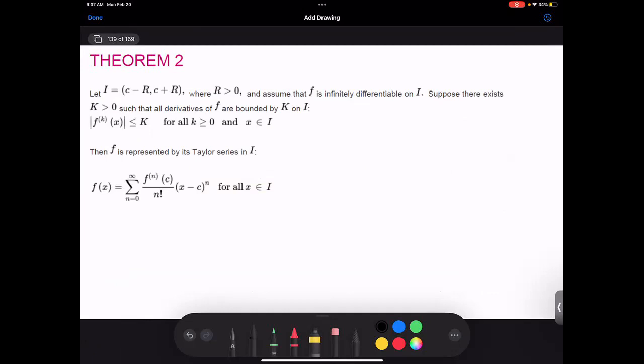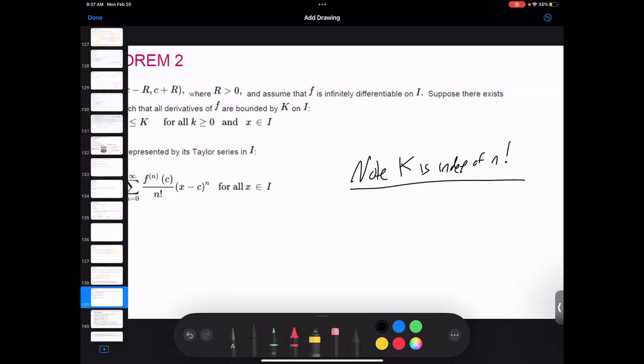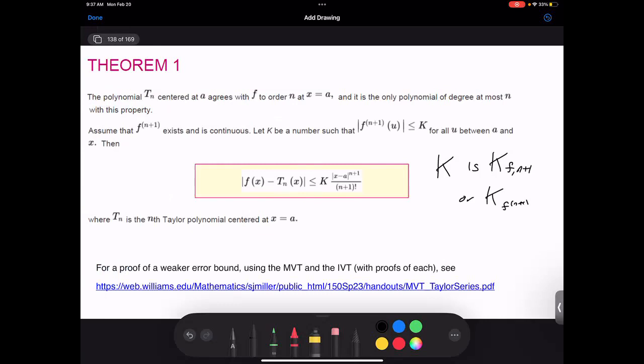We have to be looking at an interval where all of the derivatives are bounded by one number. So note, k is independent of n. So in that special case when there's no dependence on n, if you go back to what you had on the previous page, since k is independent of n, as I take more and more terms, this is going to get smaller and smaller because of the growth down here. And that's why it's going to converge.